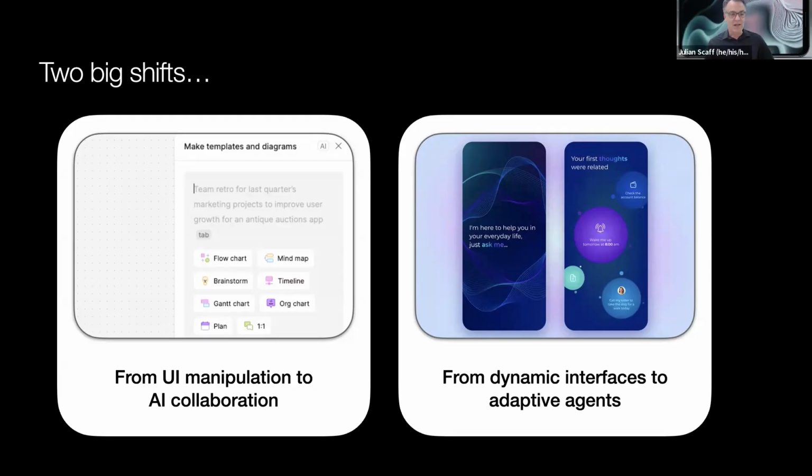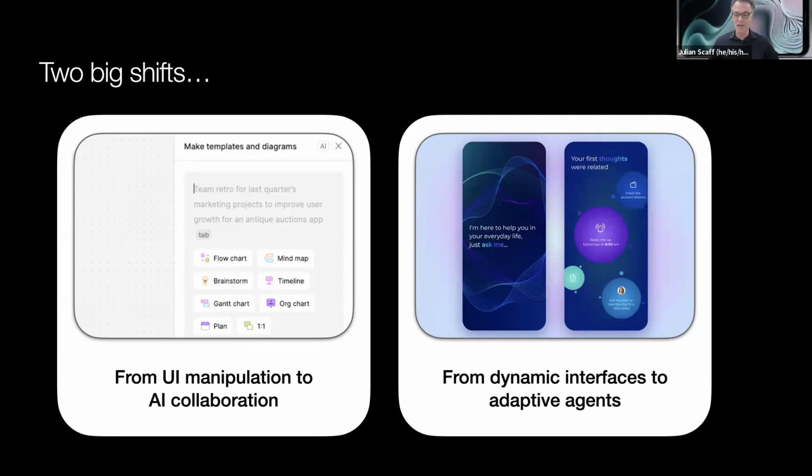And so that's shifting now. Instead, you can go and interact with an agent, and the agent is actually the interface. So designers are also working more on shaping workflows that are integrating intelligent, responsive tools with user interactions.